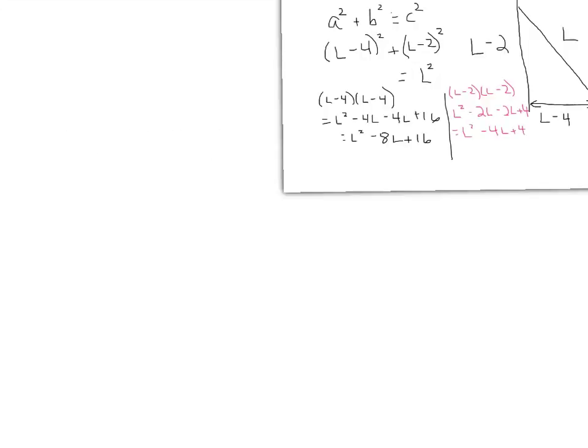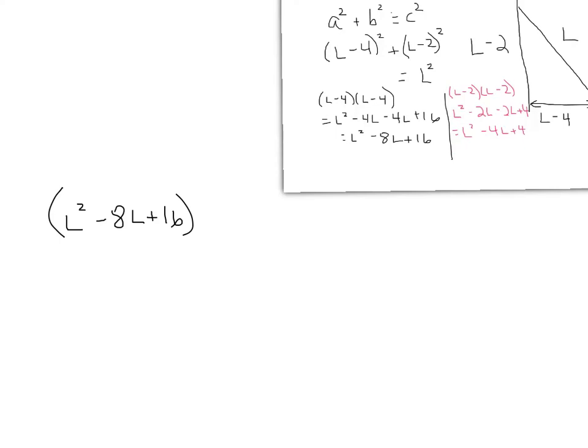Okay. So going back to our formula, a² + b² = c². Here's our (L - 4) squared, so let's write that down. We have L² - 8L + 16. And here's our (L - 2) squared.